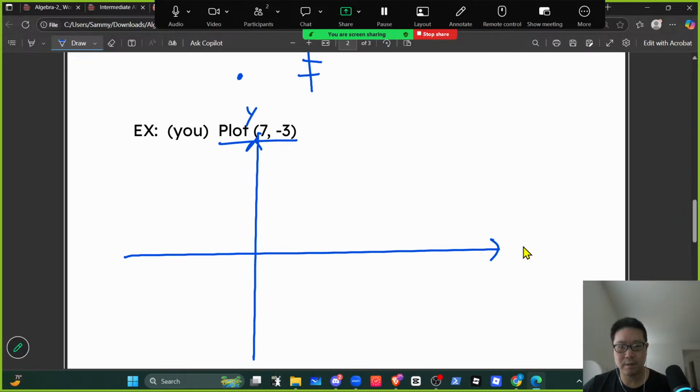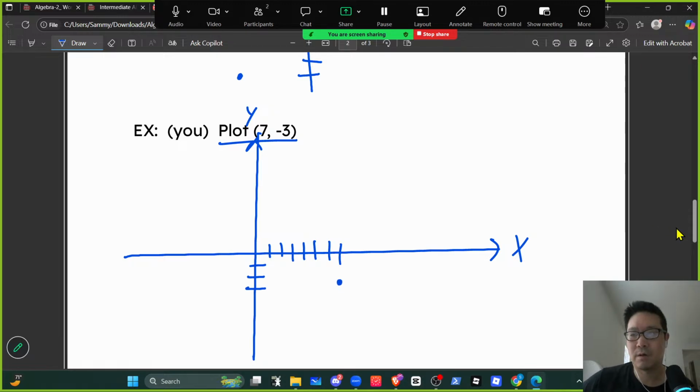Here's our x. 7 and -3. So that would tell you to go right 7, 4, 5, 6, 7, and then down 3, right? Yeah. So it's right here. What quadrant is it in? 4. Quadrant 4. Good.